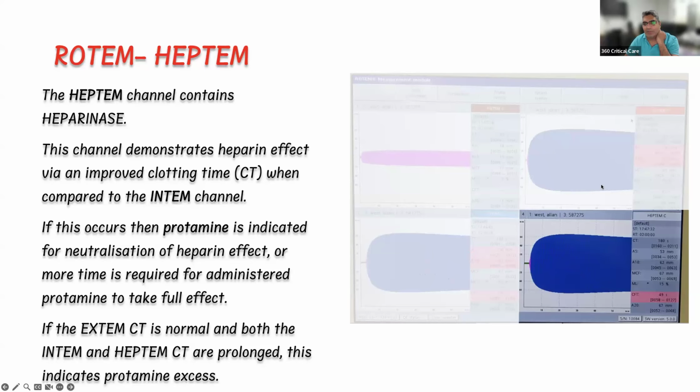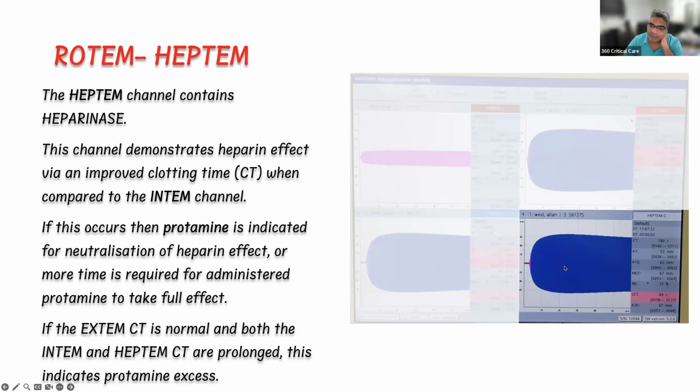Okay. So normal EXTEM, abnormal INTEM and HEPTEM means you have protamine in excess. So the question that I asked in the group earlier, how do you determine protamine excess? For protamine excess, your clotting time is normal in the EXTEM, but it's abnormal in both INTEM and HEPTEM.